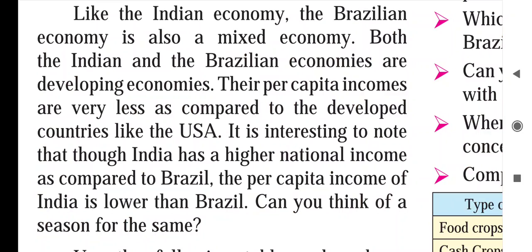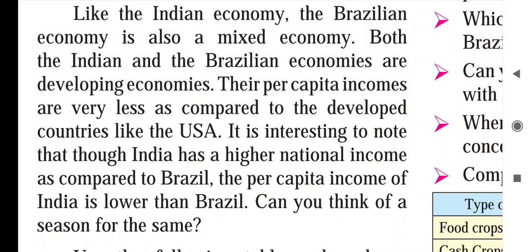It is interesting to note that though India has a higher national income compared to Brazil, the per capita income of India is lower than Brazil. Can you think of a reason for this?